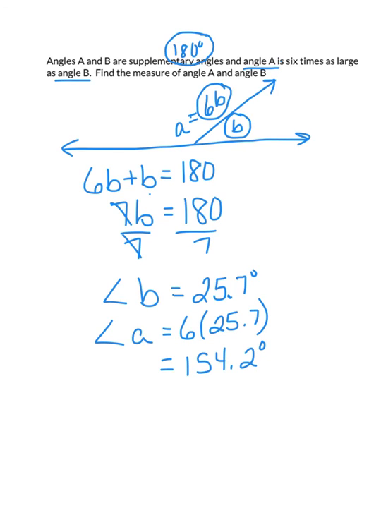And they should add up to, this one and this one, they should add up to 180. I'm noticing I'm off by 0.1, so really I would have to round one of these up a little bit. For now, though, this is good. So there's the answer to angle A, A is down here, and angle B is up here.